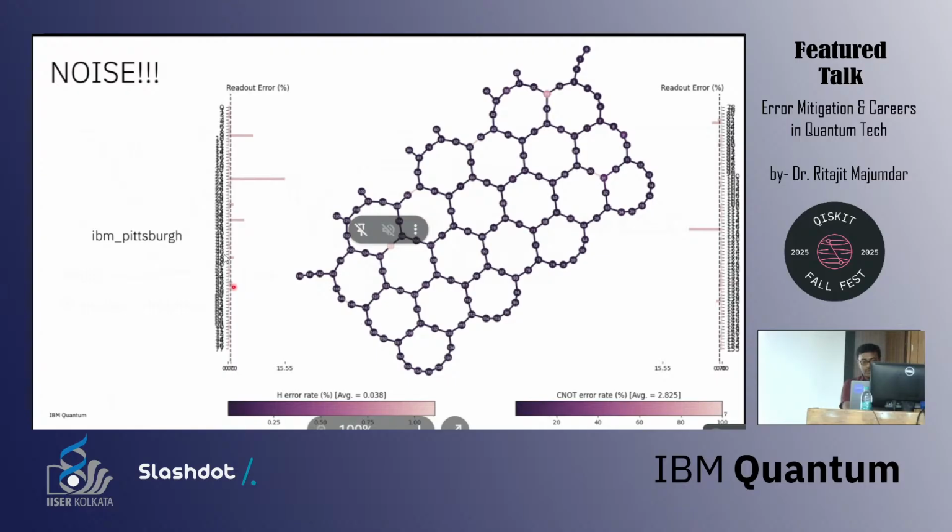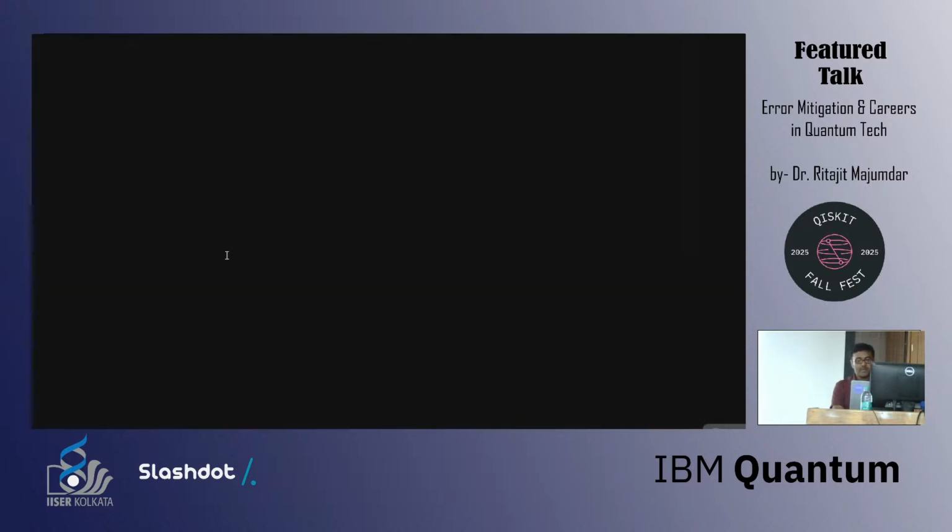When we try to run the systems, the lighter the color, the higher the error. So this is what the gate error looks like. This is what the 2 qubit error looks like. And you can see from here that roughly 2 qubit errors are almost 100 times more than single qubit errors. And this has been true for all these IBM Quantum devices.